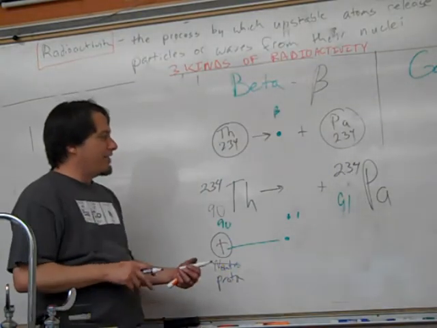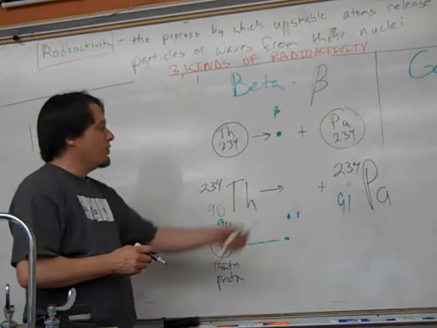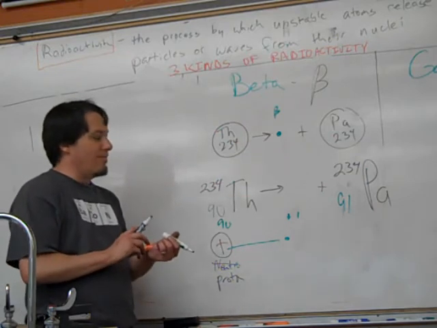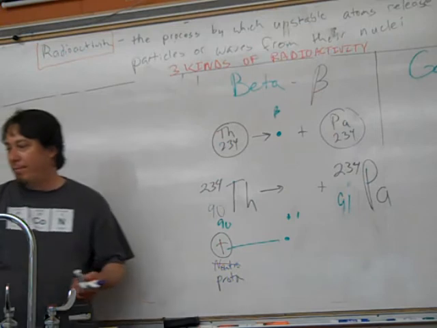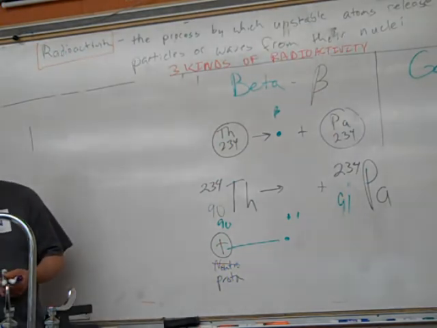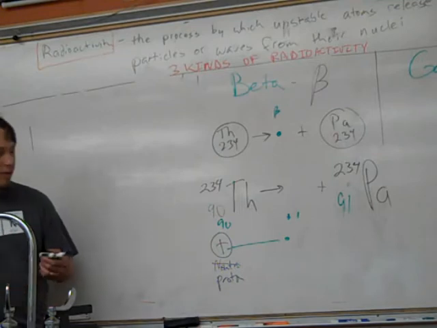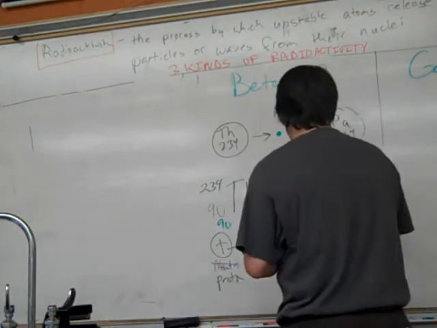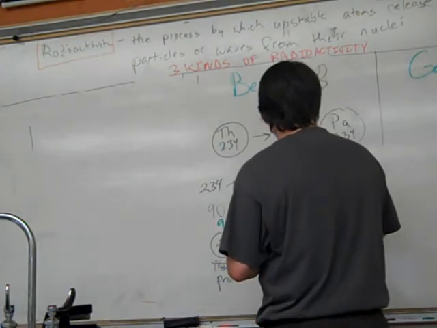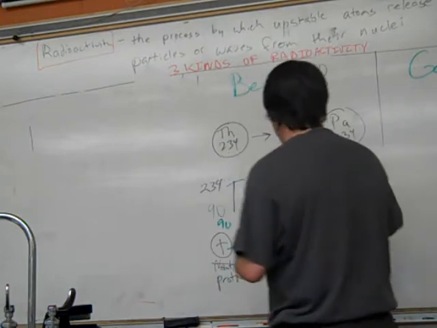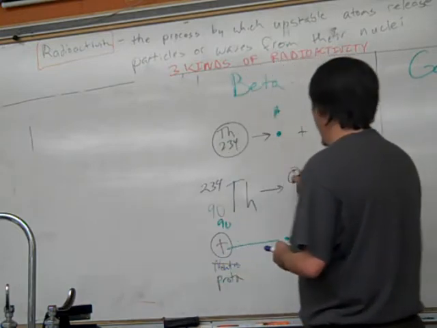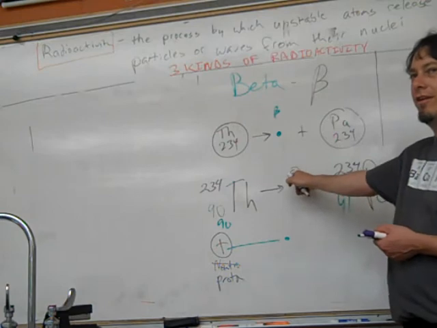Okay, so the last thing is, what do you write for a beta particle? It really depends, but usually people can write different things here. You could write beta, and the numbers you write are 0, since there's no protons and no neutrons in it.